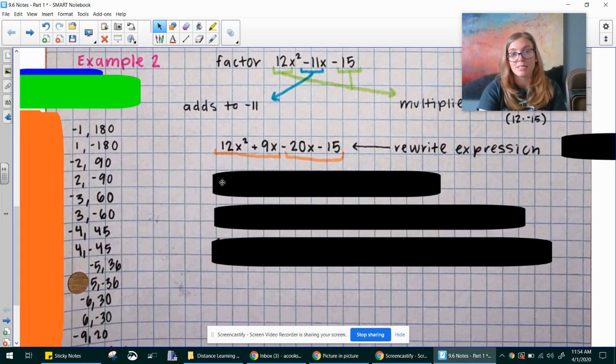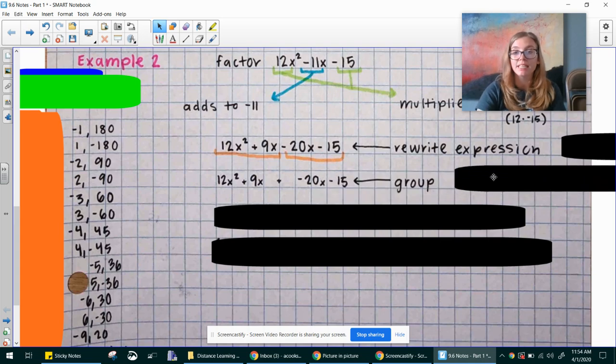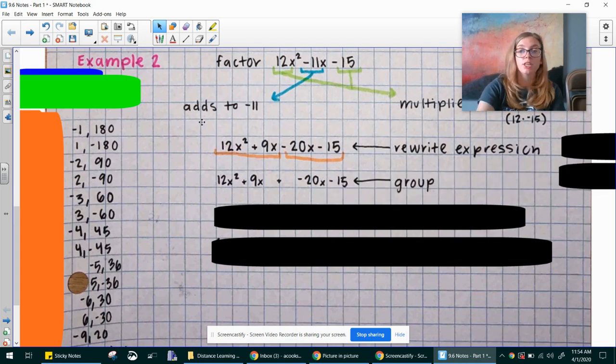Once I rewrite my expression, I'm going to split it into groups. So the first two terms in the first group, the last two terms in the last group. If you rewrote your expression with the negative 20 first and then 9x after, it would still work. You would still pull out the same greatest common factors. The next thing we're going to do is look at each group and pull out the greatest common factor.